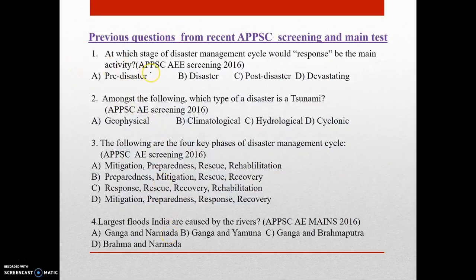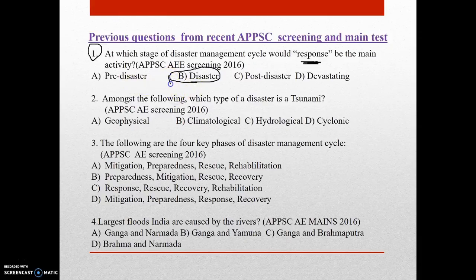So these are previous questions from the recent APPSC screening and main test. Let's look at the first one. At which stage of the disaster management cycle would response be the main activity? Response activities are in the disaster or occurrence of disaster stage.